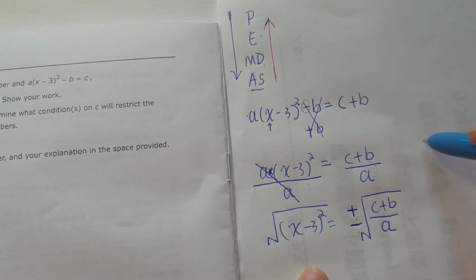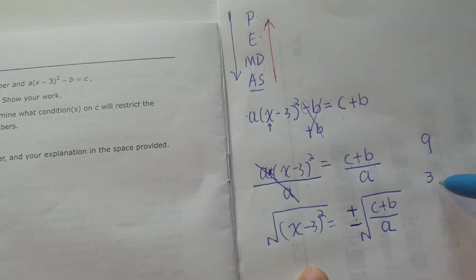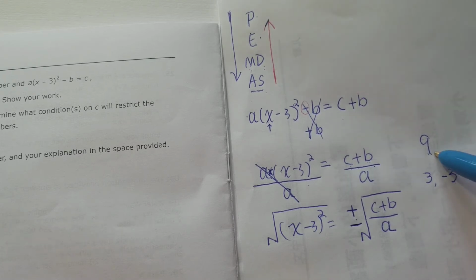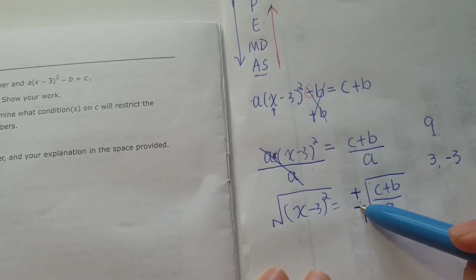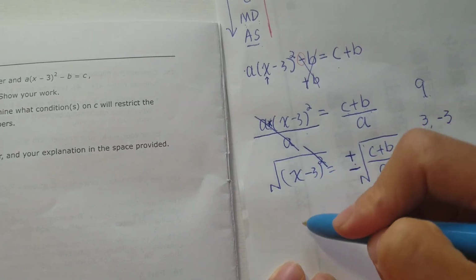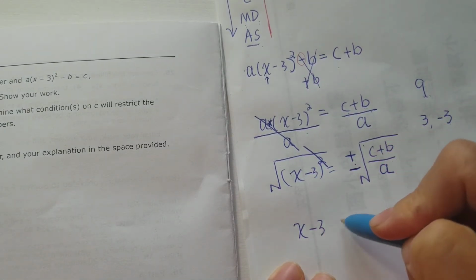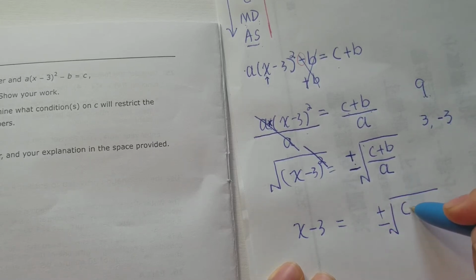For example, when you want to find the square root of the number 9, positive 3 is a square root of 9, and negative 3 is also a square root of 9. Therefore, you need to cover both. They cancel, so cross it out. Okay, rewrite it: x minus 3 equals positive and negative square root of (c plus b) over a.